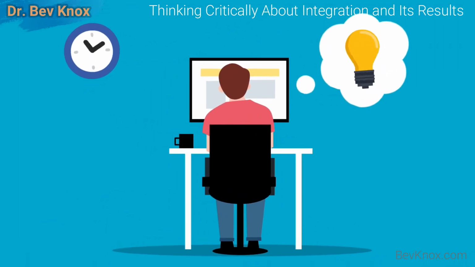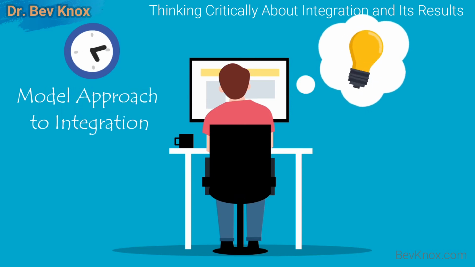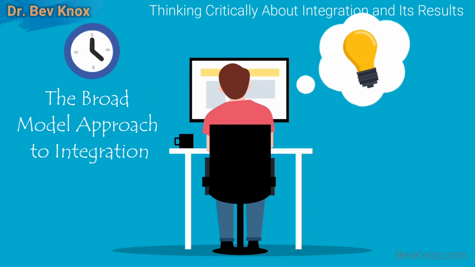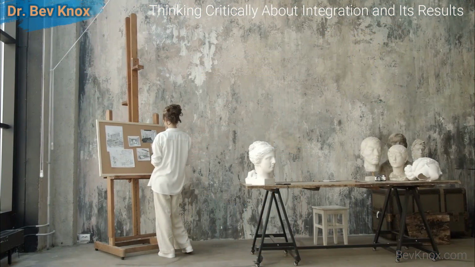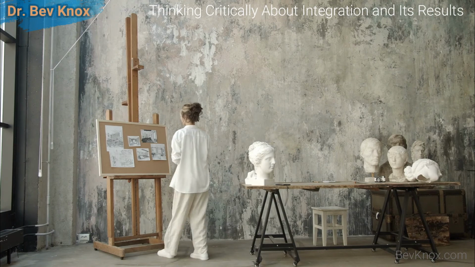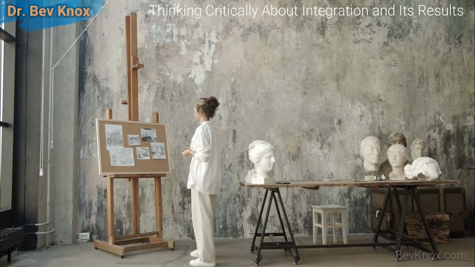So again, in my next lectures, we will be diving deeper into the broad model approach to integration. And the broad model integrates the best elements of other approaches to interdisciplinary integration. It reflects the instrumentalist focus on problem solving.